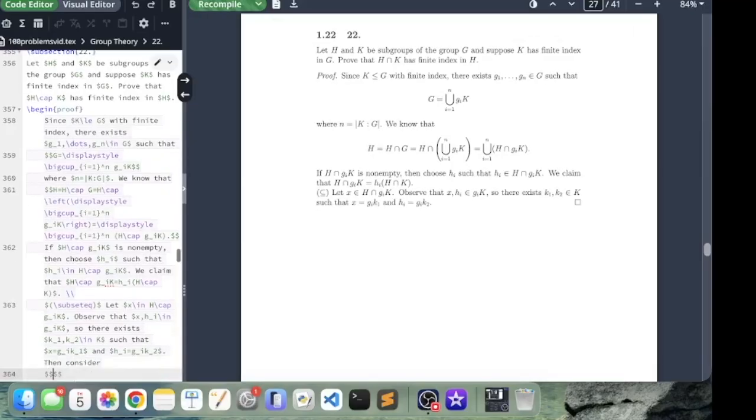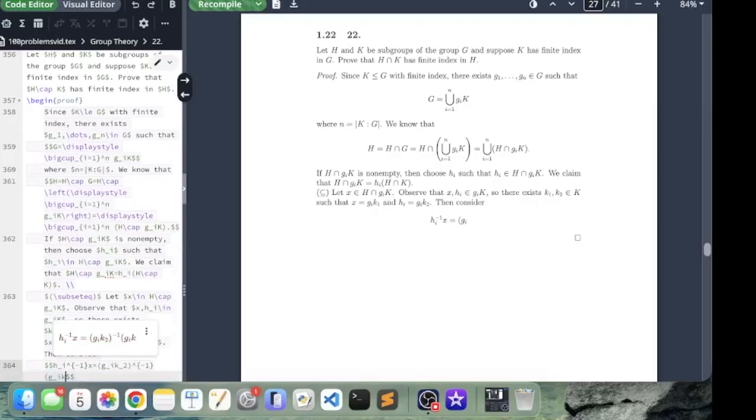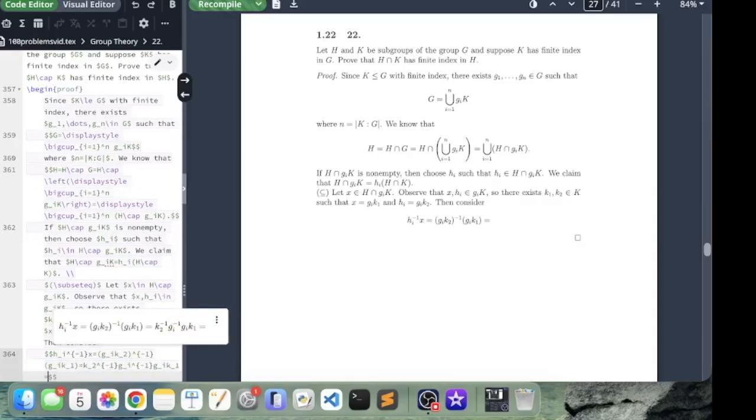Then consider h_i inverse times x, which is equal to (g_i k_2) inverse times g_i k_1. We flip them and take the inverses, so we get k_2 inverse times g_i inverse times g_i times k_1. The g_i inverse and g_i cancel out, giving us k_2 inverse times k_1.